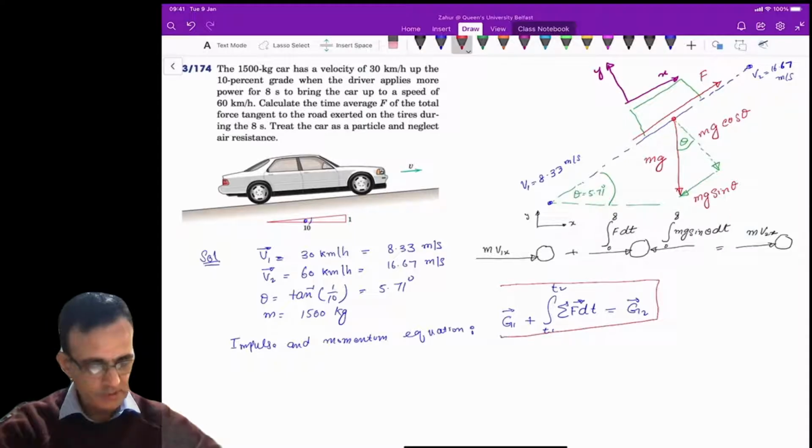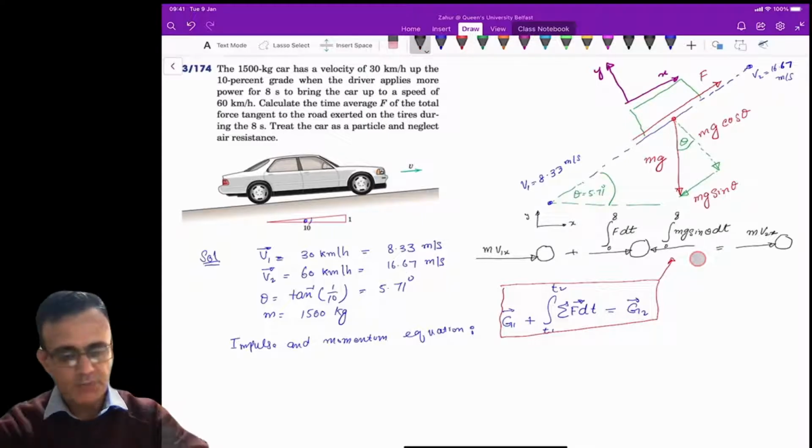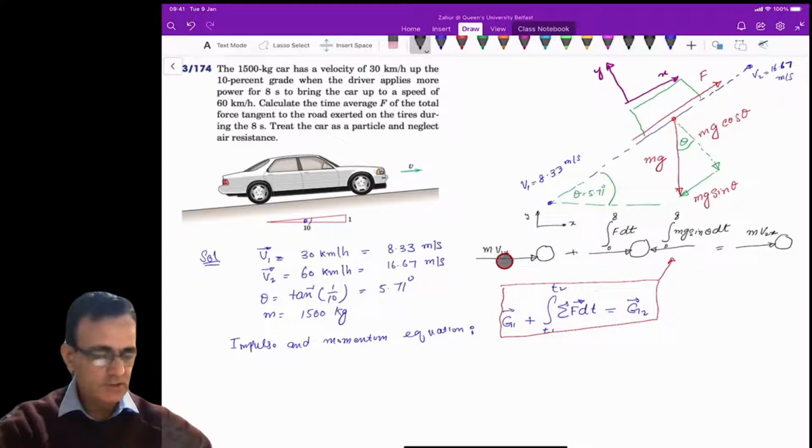This was the mathematical way to write the impulse momentum equation, and this is the graphical way to write the impulse momentum equation. So now we can write all these in just a simple equation here.